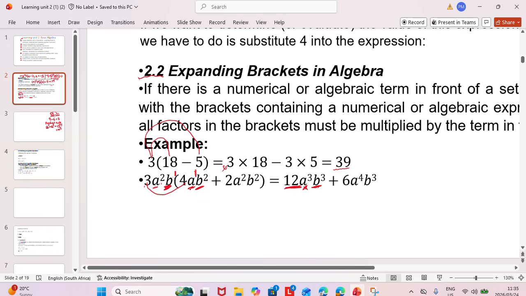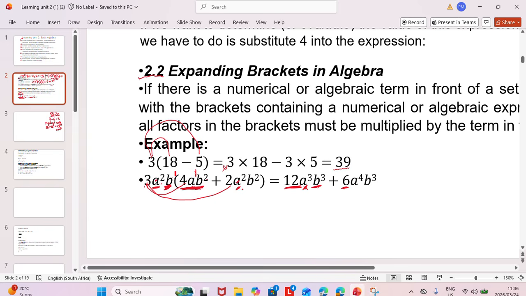Then we move, which means we're done with 4a b to the power of 2. Applying the same process. 3 will multiply 2. It's a positive 3 multiplying a positive 2. You will have a positive 6. And then as well, a to the power of 2 will multiply a to the power of 2.